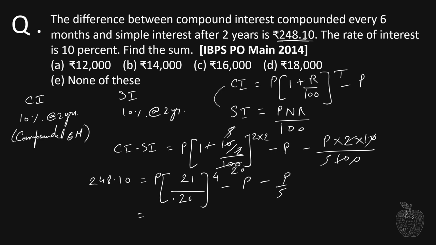Now we have to multiply this 21 four times. If you are lucky and you know the square of 21, you will still have to calculate it again in order to get the fourth power. Then there will be a huge value in the numerator and a huge value in the denominator. You have to calculate this.